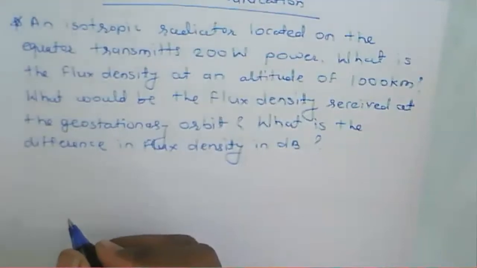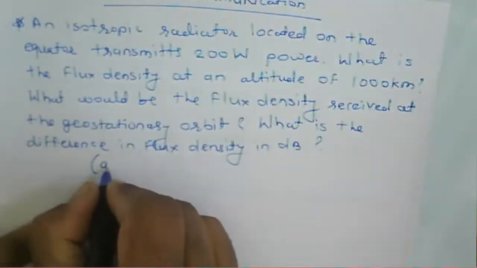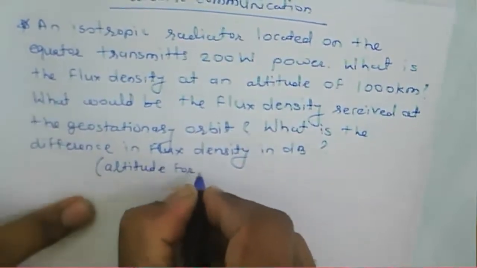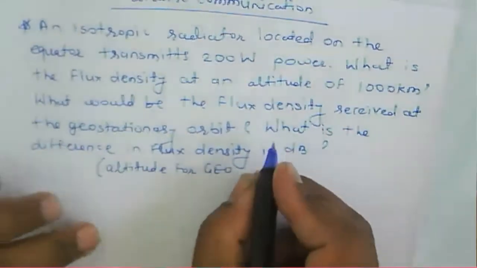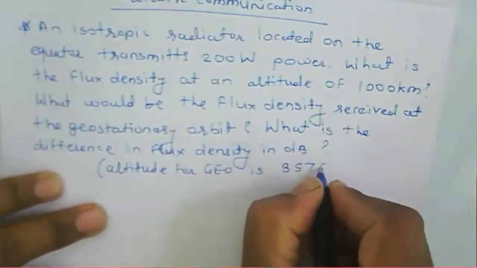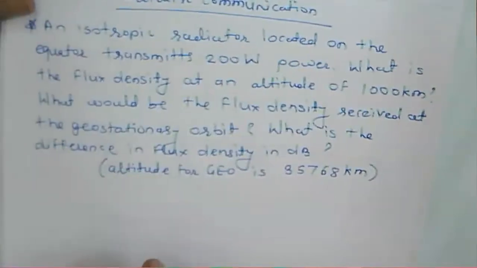So the altitude for the geostationary satellite is given for a GEO is 35768 kilometer. It is given now in the statement.